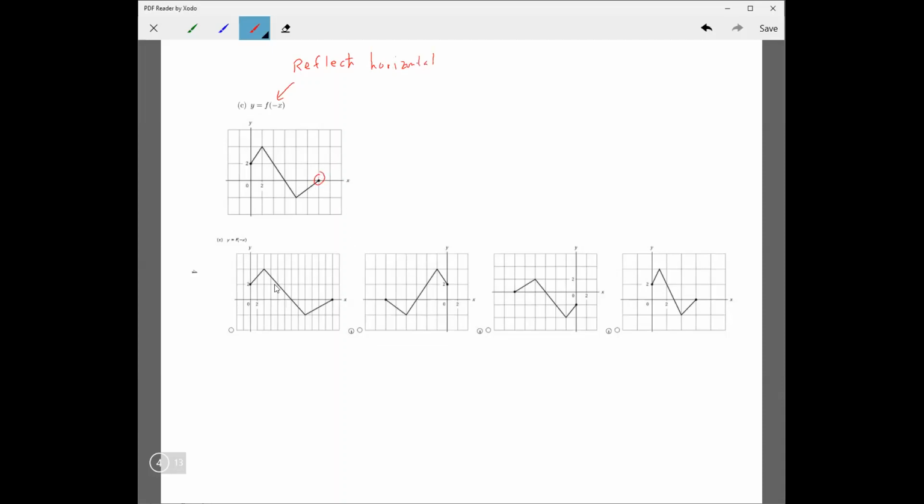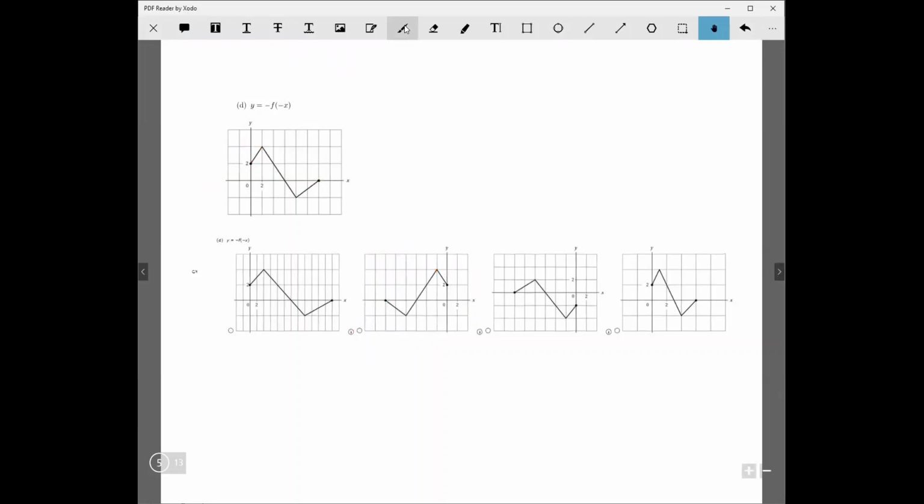So this point's going to go over to the other side. I think this is the only one that does it. So this one will stay where it is, and this one would go over to here. So this looks like the answer right here.